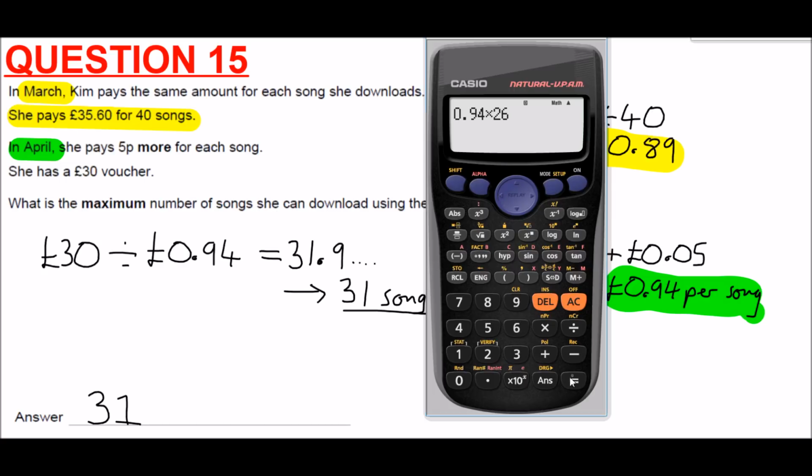Try 26. £24.44. She can afford that. 27. That's less than £30, so that's affordable. And just keep trying to get as close to £30 as you can without going over. 28 songs, again that's okay, because it's less than 30. 29 songs is £27.26, she can afford that.